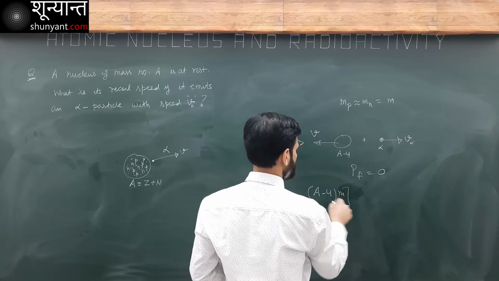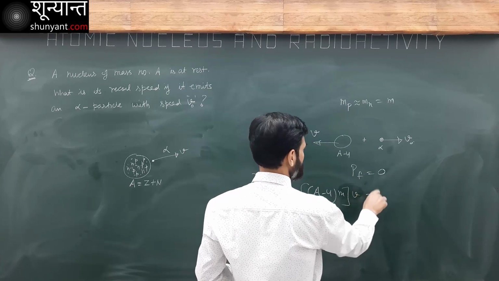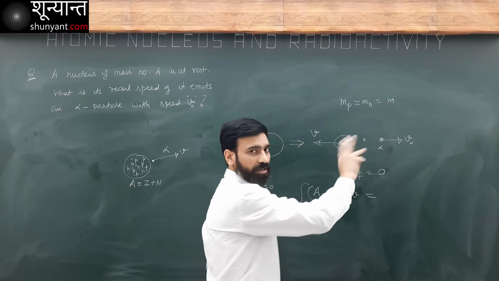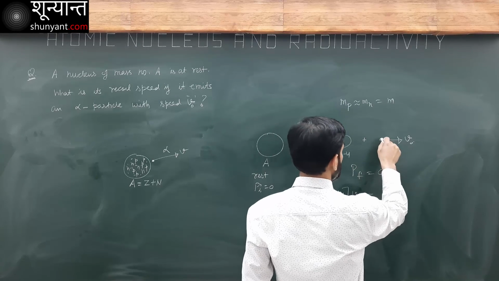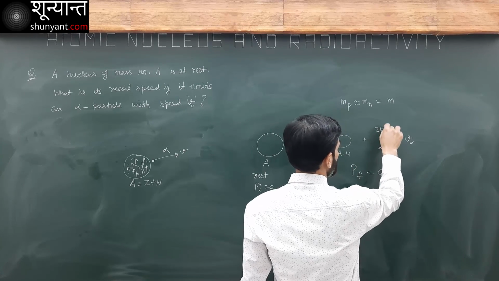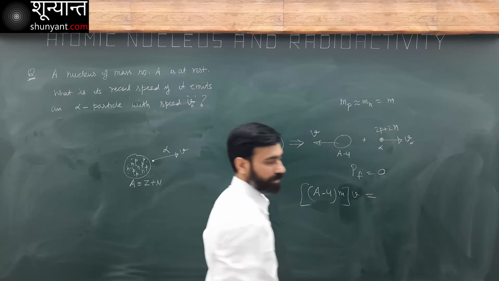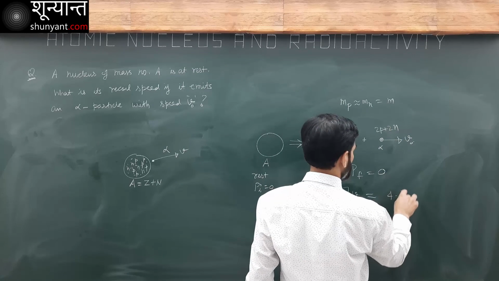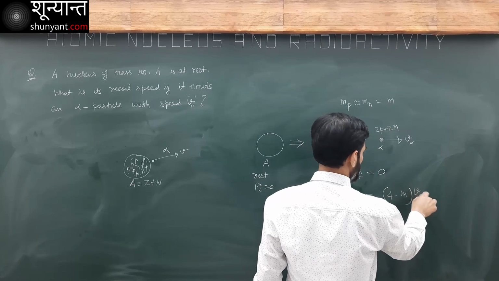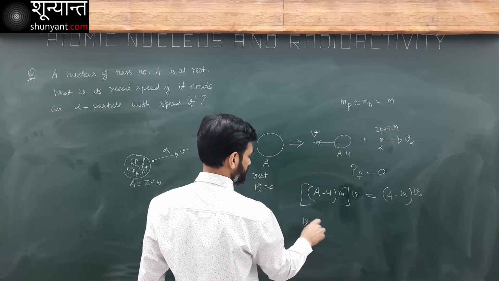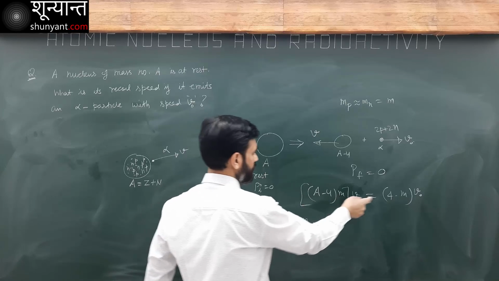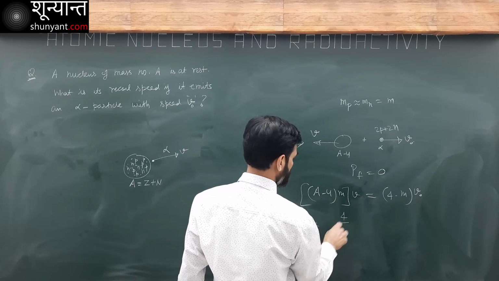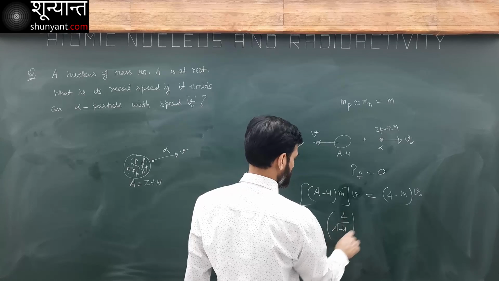Mass times speed, both momenta should be equal and opposite, is equal to the alpha particle, which is 2 protons plus 2 neutrons, so 4 times m and v naught. We have this answer: v will be 4 over A minus 4 times v naught.